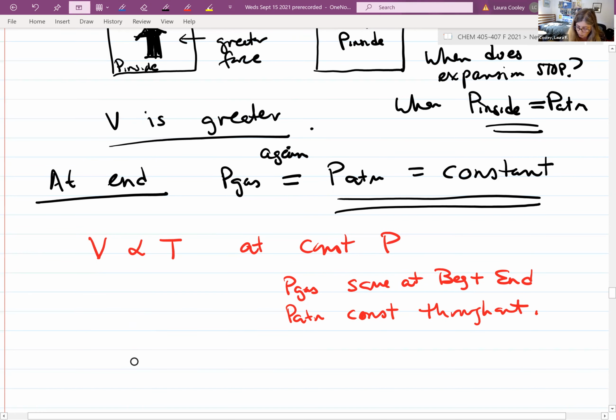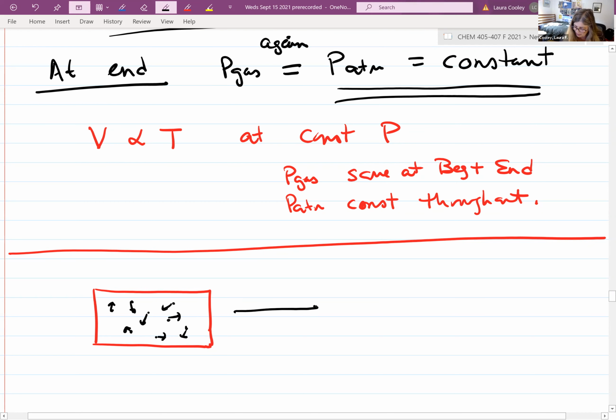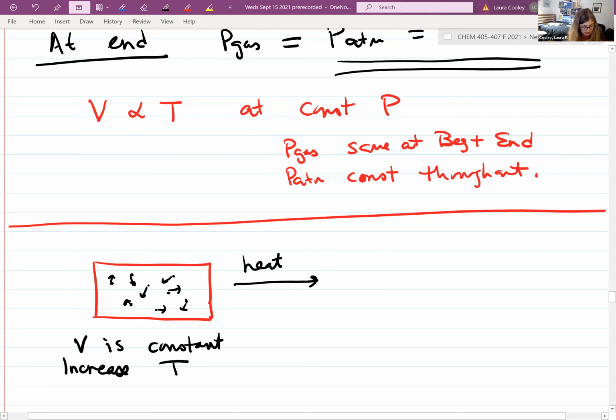Okay, so what if I look at some other things that can happen with gases? So let's say I have a container and I have a bunch of particles inside the container and they're moving around, right? And then I heat it up. But now there's no piston, there's no movable wall. Volume is constant. So I'm increasing the temperature, all right? So what's going to happen is, again, these particles are going to be moving faster.